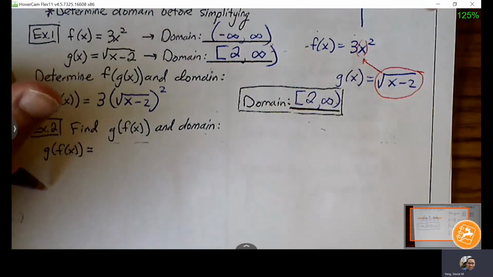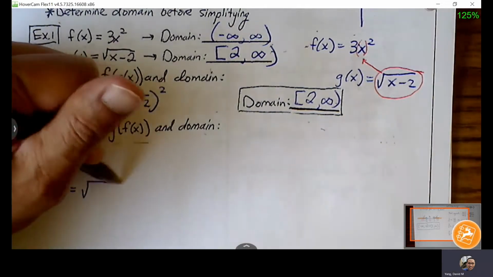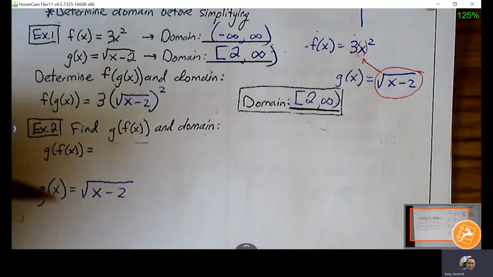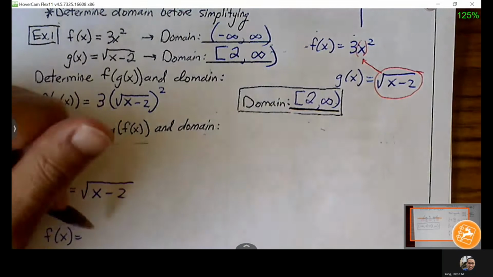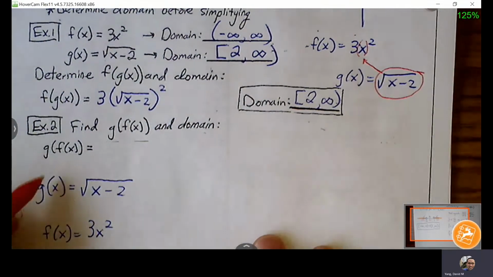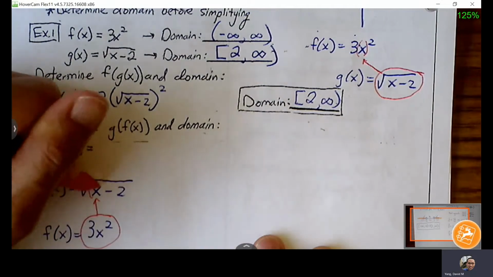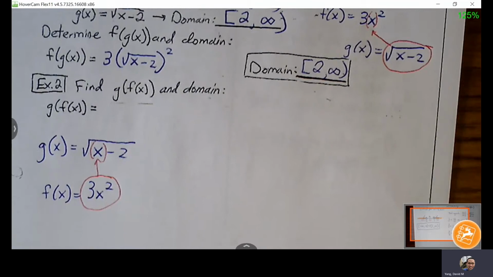Okay, so I'm going to write them out twice and just give you a visual look as to how they're worked into each other. So I'm going to take my entire f of x function, insert it into every x of my g of x, but there's only one x, so there's only one substitution that needs to be made.